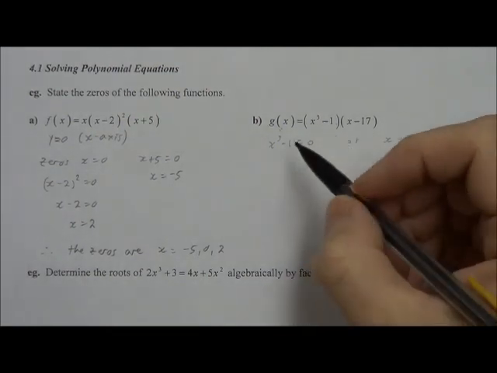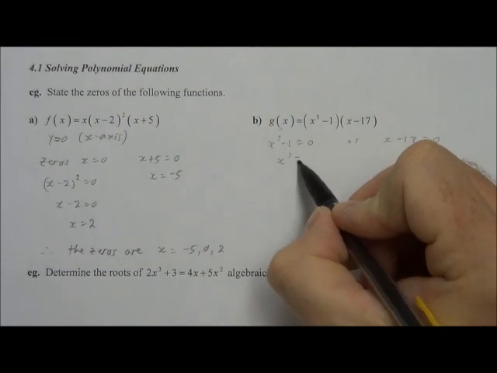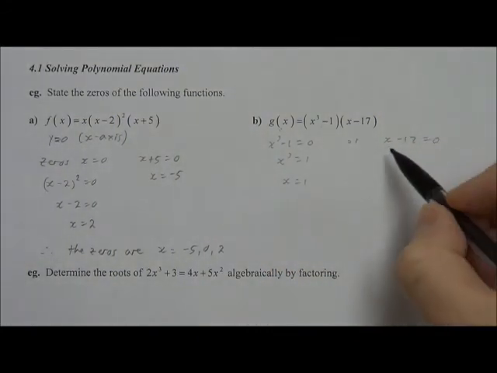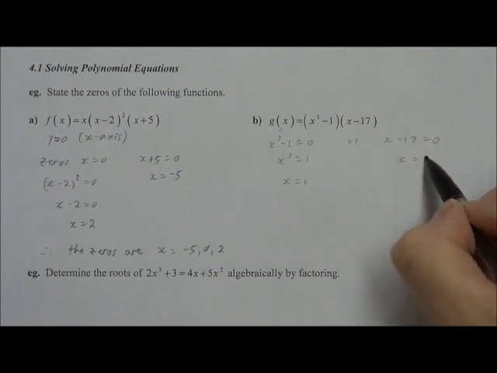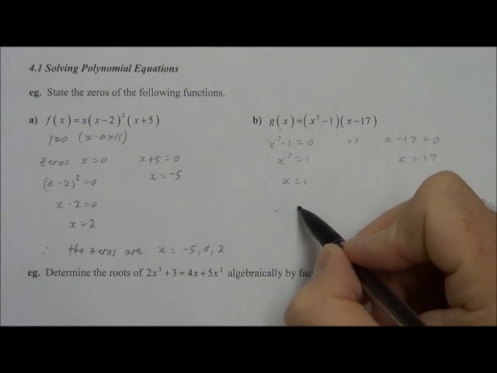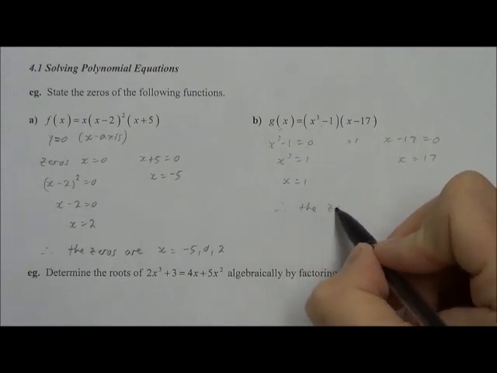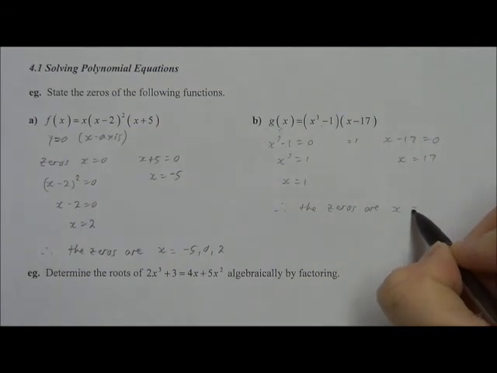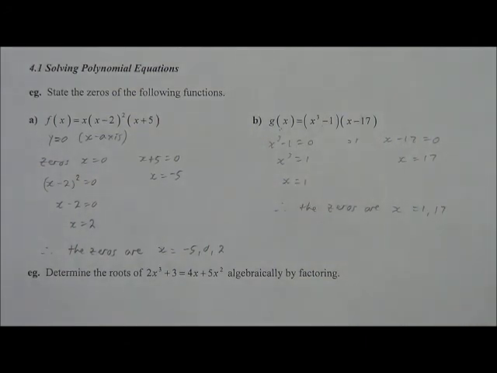So we just have to solve both of these. We got x cubed equals 1, take the cube root of both sides, therefore x equals 1, and over here x equals 17. So therefore the zeros are x equals 1 and 17.